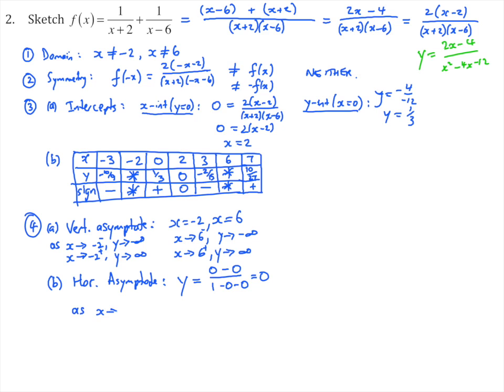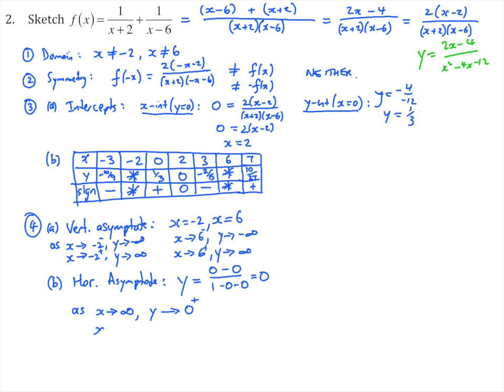As x approaches infinity, what's happening? So plug a really, really big number into our question, like 9999, it doesn't really matter. And when you do it, you're going to get an answer that is just a tiny bit bigger than 0.